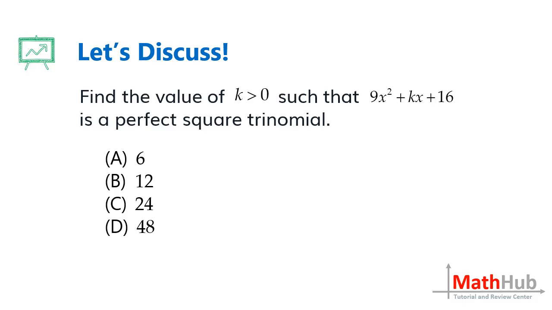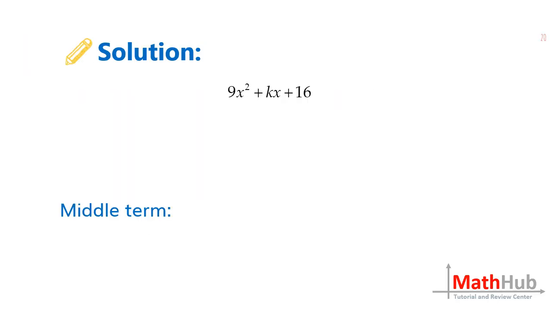Let's now look at this next example. Find the value of k greater than 0 such that 9x squared plus kx plus 16 is a perfect square trinomial. So we want this to be a perfect square trinomial. Remember that if it is a perfect square trinomial, the first and last terms are perfect squares.